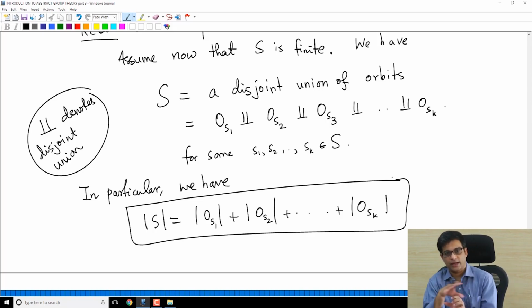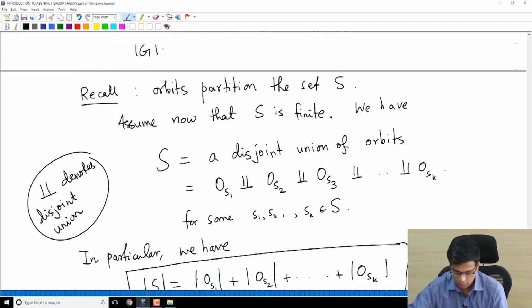It says that if S is a finite set, then the number of elements of S can be written as a sum of orbit sizes, and because of the counting formula from the previous slide, each of these numbers is a divisor of the cardinality of the group. So we have a very strong restriction here. The size of the set S is a sum of some numbers, but each of those numbers divides the order of the group. We are going to exploit this very important observation in later videos.